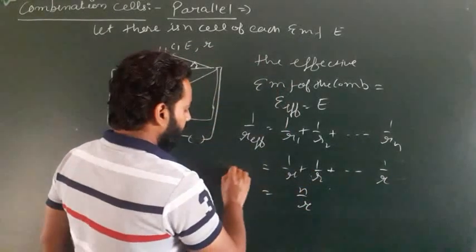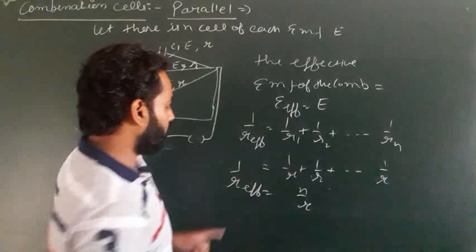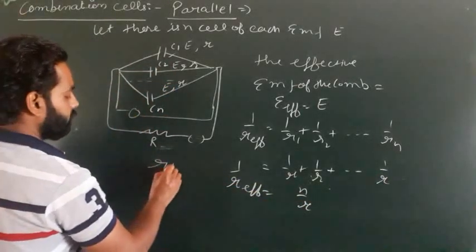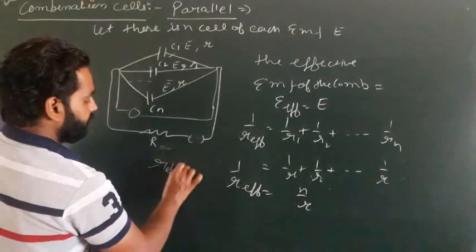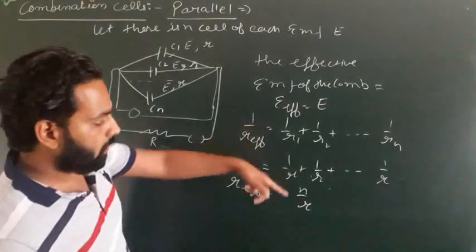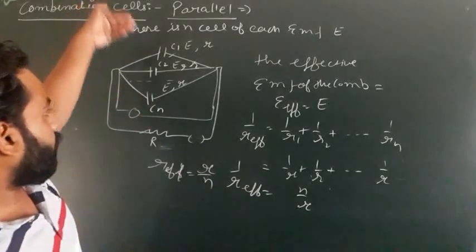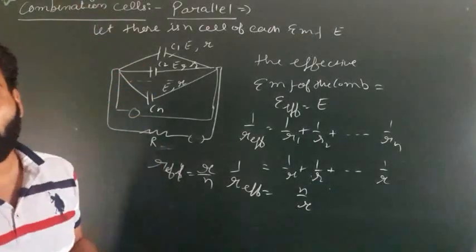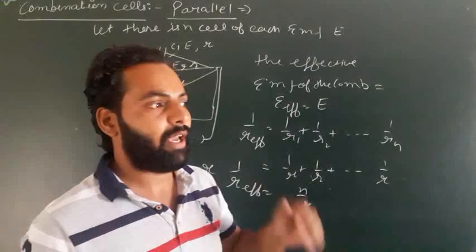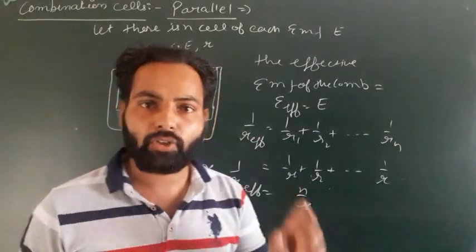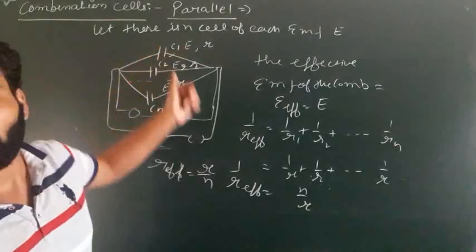So 1 upon R effective is equal to n upon r, and R effective comes out to be r by n. So from this combination it is clear that when n cells are connected in parallel, their net EMF is equal to the EMF of one of the cells.